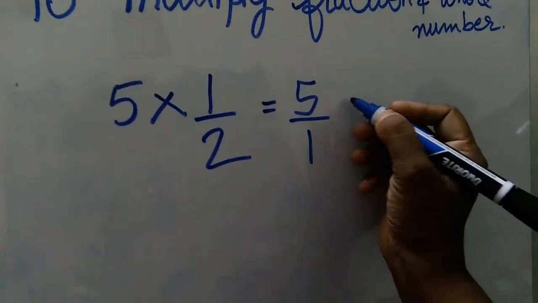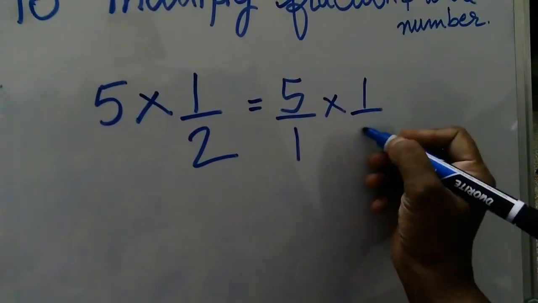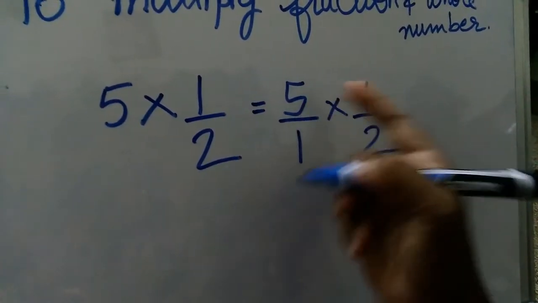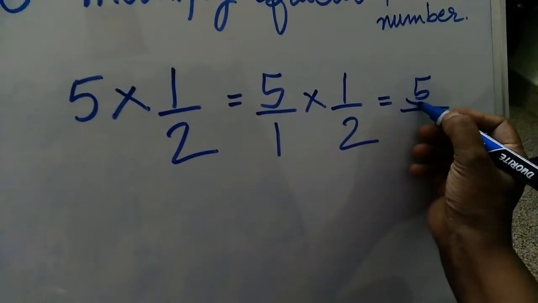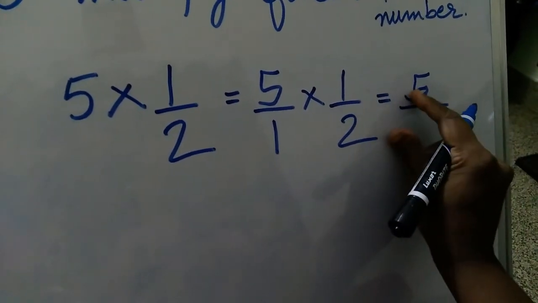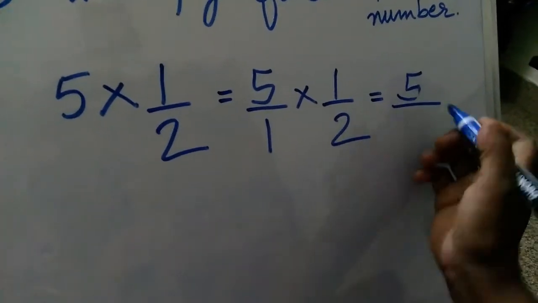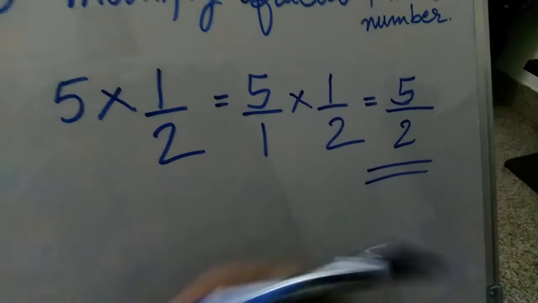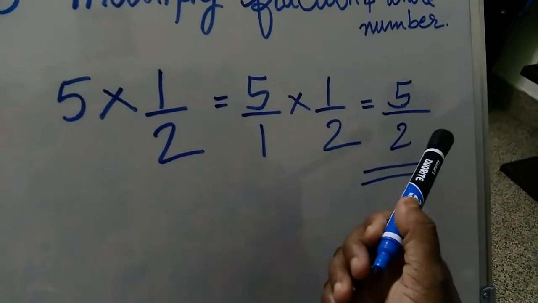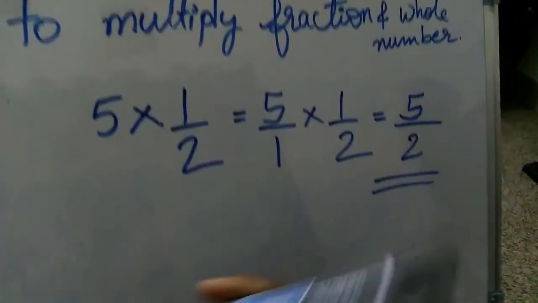So, 5 upon 1 into 1 upon 2. Then multiply the numerators, 5 into 1, 5, upon 2 into 1, that is 2. So, 5 into 1 upon 2 is 5 upon 2.